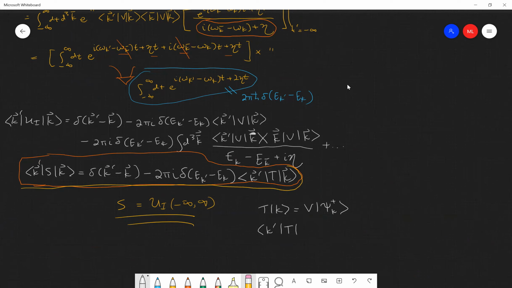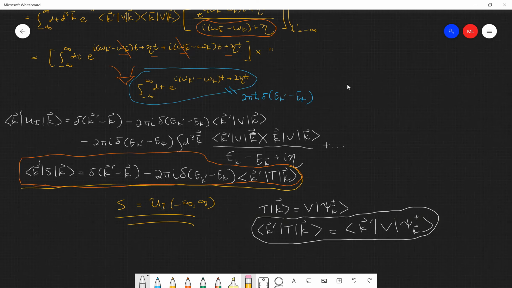So this thing is also equal to <k'|V|psi_k>, plus, so this is also a kind of relationship you have. So you can also write this S matrix in terms of the full scattering solution if you wanted.